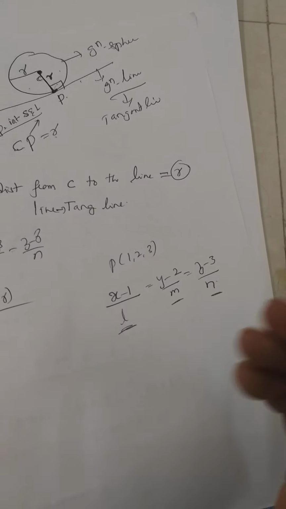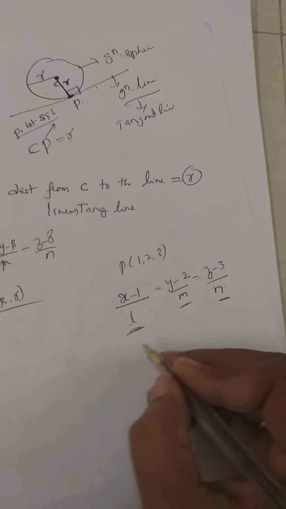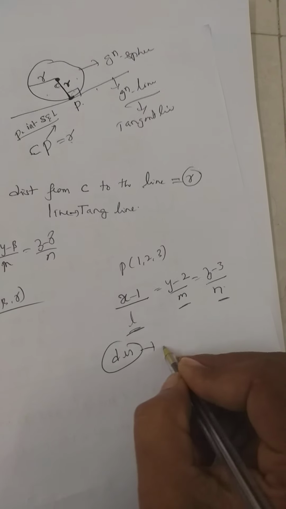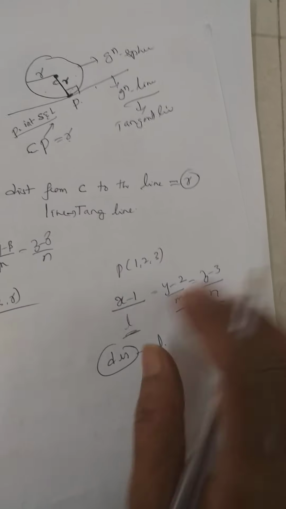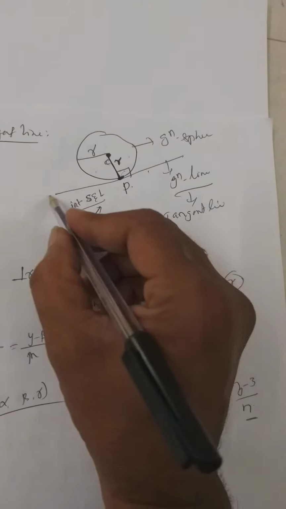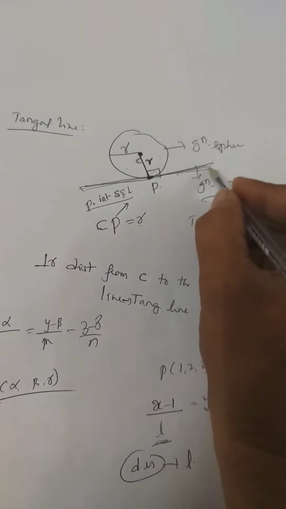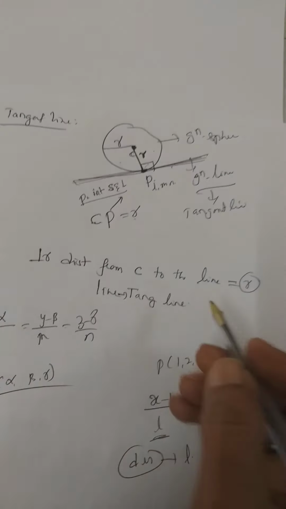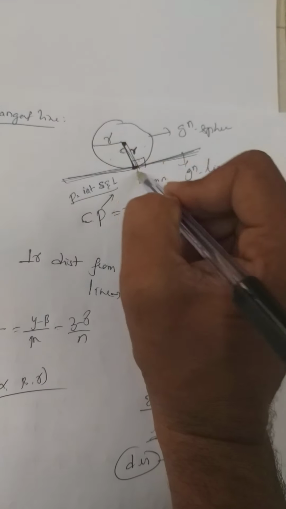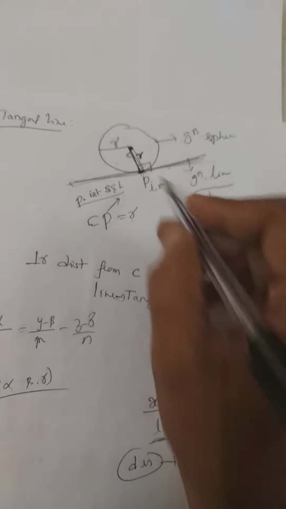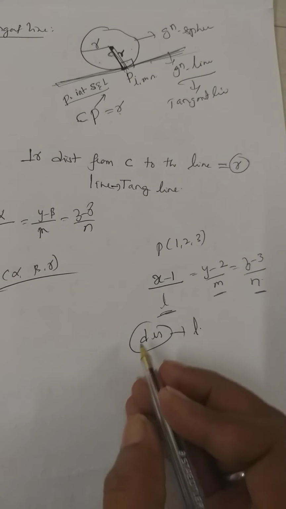Now what are L, M, N in general? Direction ratios of the line, right? Now see here, the direction ratios of this line are L, M, N. Now if you compare these two, this line and this line are perpendicular to each other.